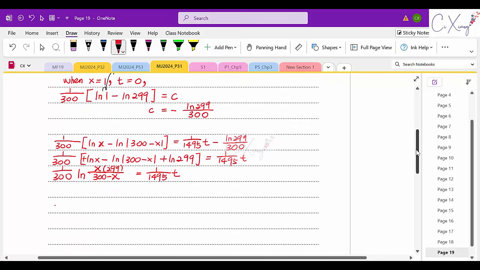Next step, try to rephrase your answer again. So what's your t here? I will bring 1495 over, then divide by 300, then ln 299x divided by 300 minus x. Further simplify it again.